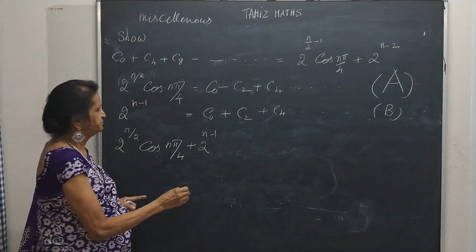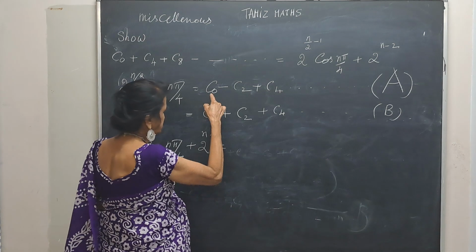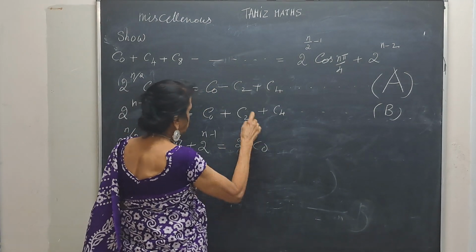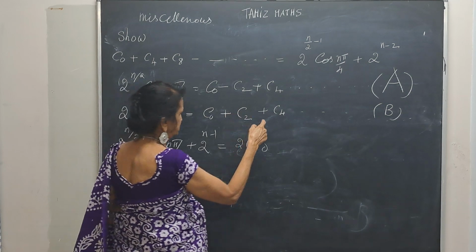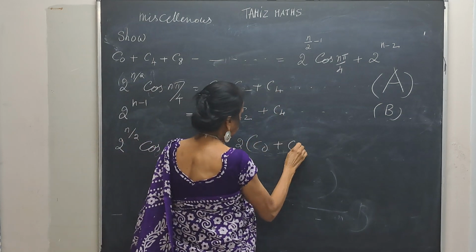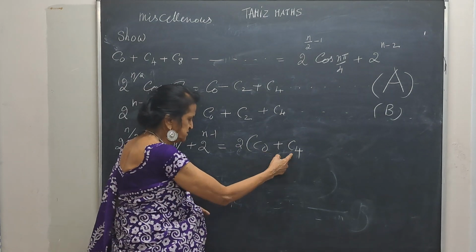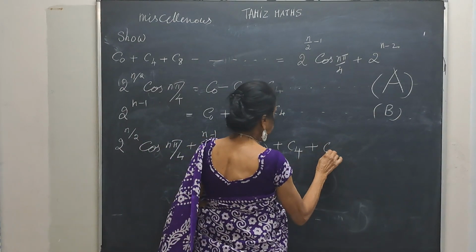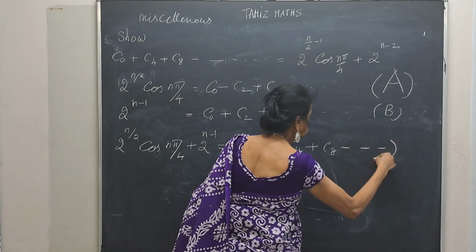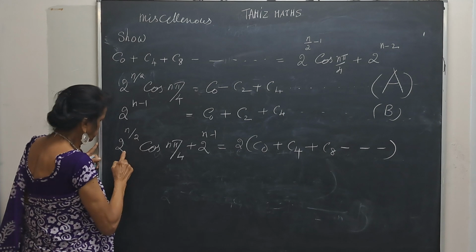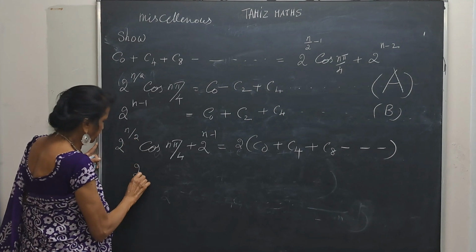C0, C0, 2 C0. This will get cancelled. Plus C4. Obviously, next will be C8 because see the difference is 4, no? Next will be C8. Divide by 2. By 2 means it will go to the top.